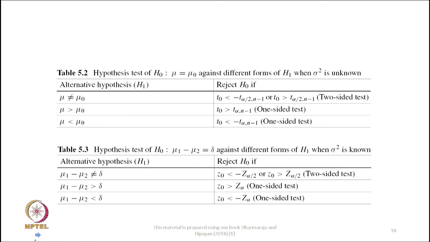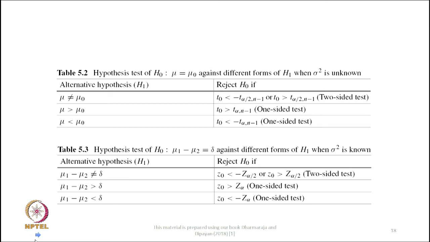I have made it nicely in the form of a table. The null hypothesis is at the top. I have not changed the null hypothesis at every different alternate hypothesis. If I say the alternate hypothesis is mu greater than mu naught, that means the null hypothesis can be thought of as mu less than or equal to mu naught.